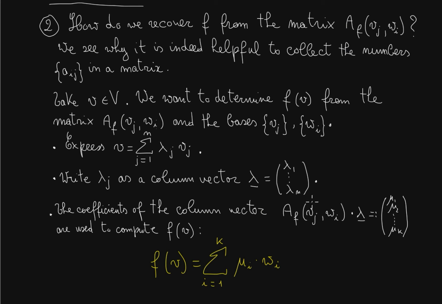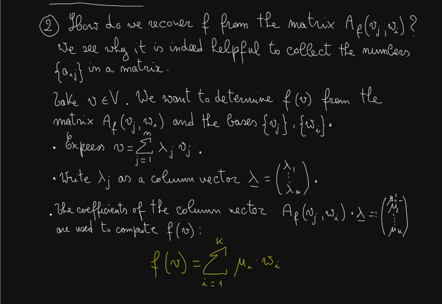Therefore, the length of the columns is the dimension of the codomain W, and the matrix A will have dimensions k by n. So the associated matrix will be a k by n matrix. This can be multiplied on the right by a vector of length n, and the result will be a column vector of length k.